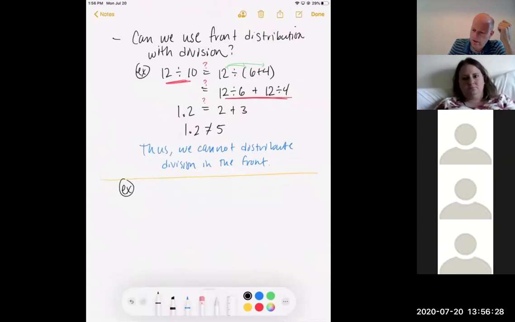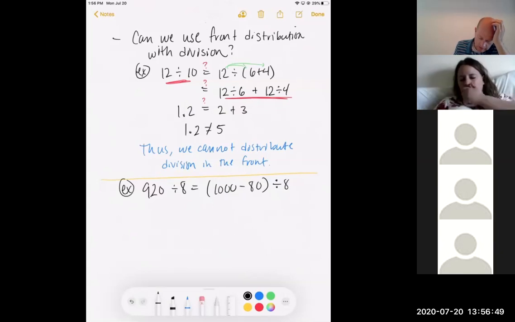So my next example is 920 divided by 8. Breaking 920 up into a difference, we can do this where both of the numbers are divisible by 8. So here's one way of doing it.